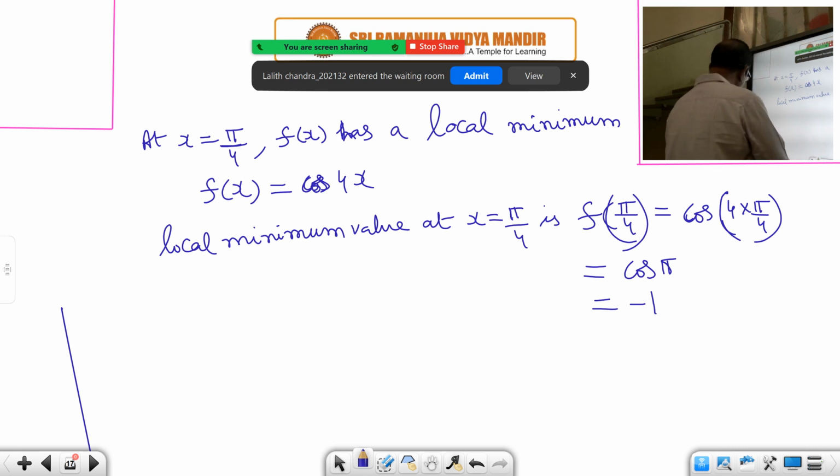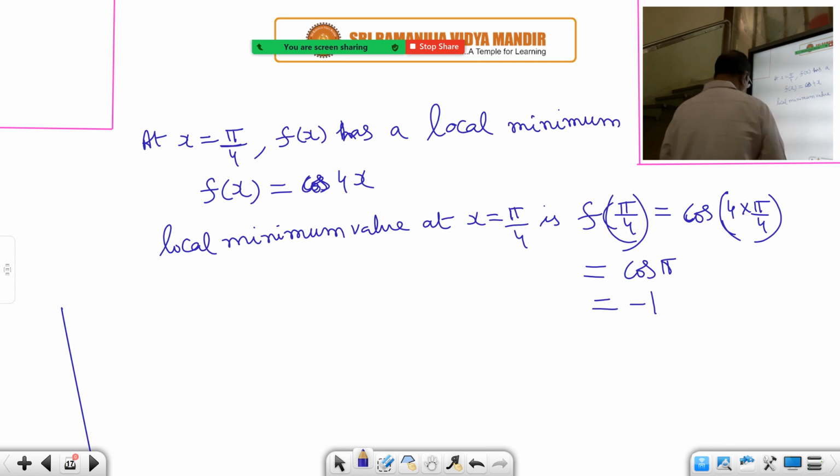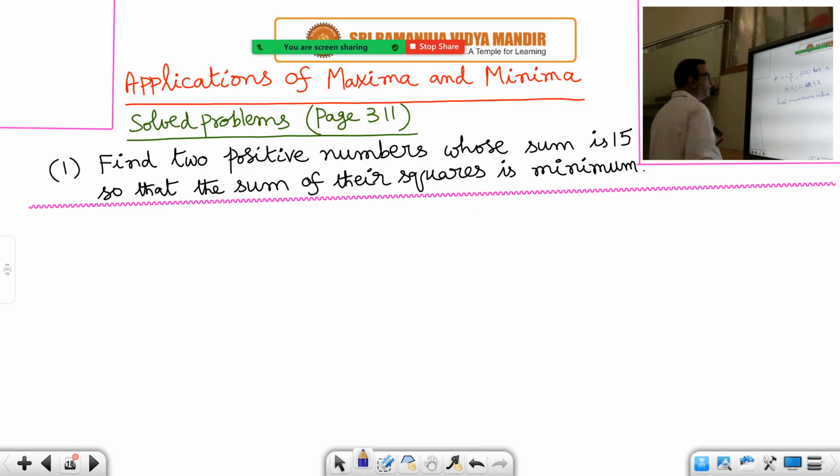Now let us do some problems on applications of maxima minima. These are some practical applications of the concepts used in maxima minima.